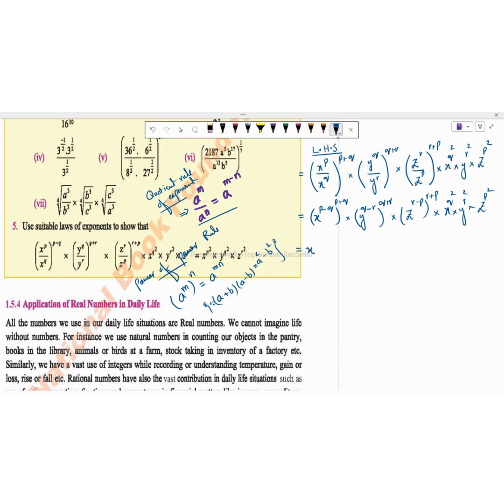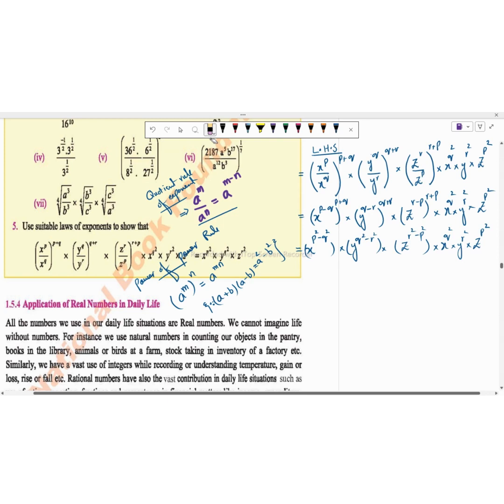So it will become x^(p²-q²), multiplied by y, where q minus r and q plus r will become q² minus r². Then z^(r²-p²) multiplied by x^(q²) into y^(r²) into z^(p²).